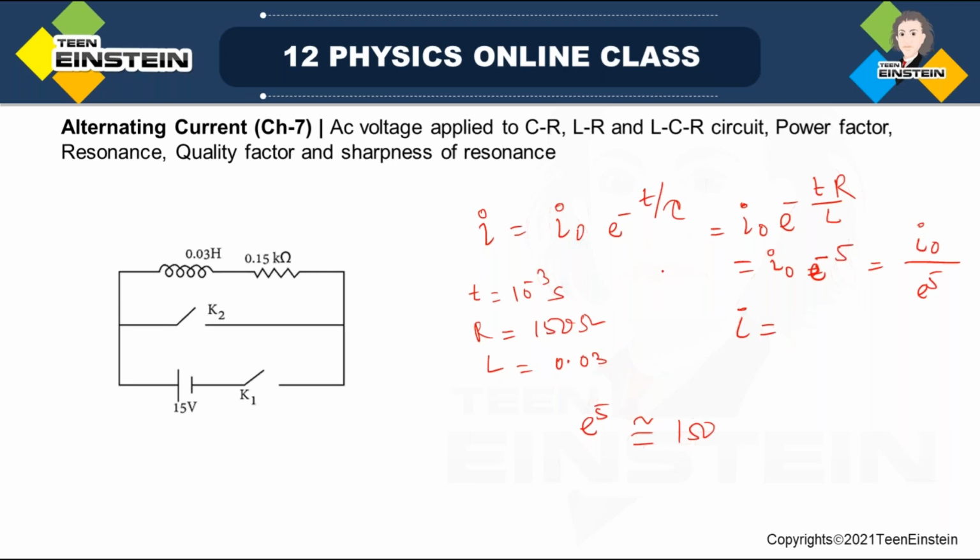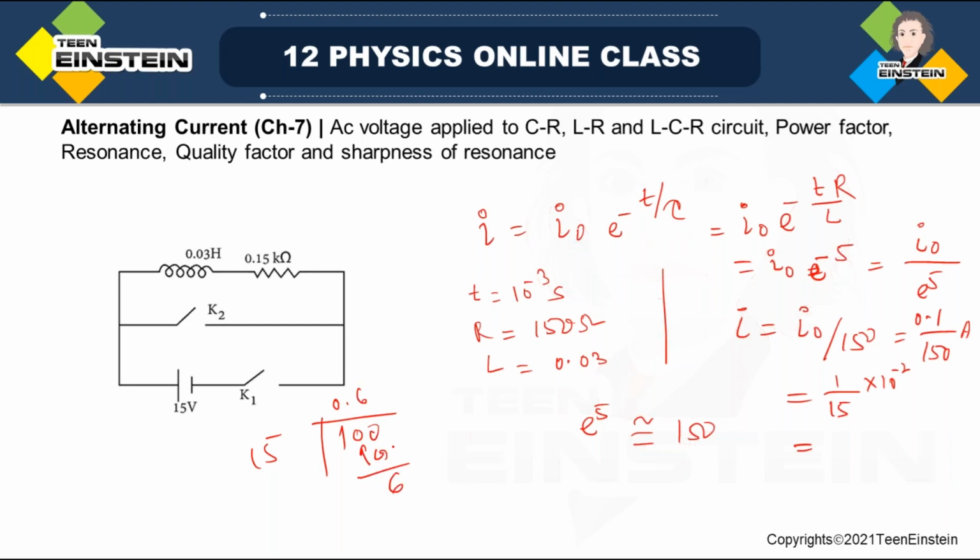So we can write I is equal to I0 divided by 150, so 0.1 divided by 150 ampere, which is about 0.67 milliampere.